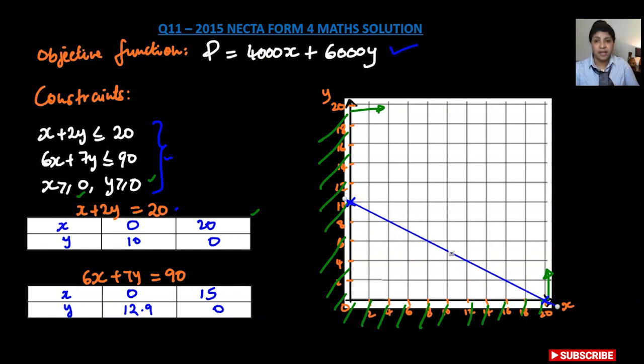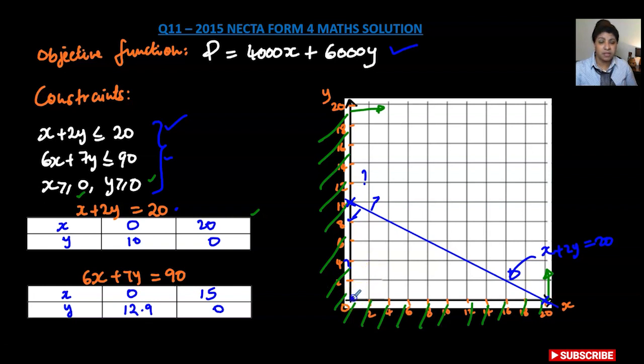Then we make sure we label it. So this line here is x plus 2y equals 20. But because our original function is an inequality, we need to decide which side of the line satisfies this condition. So is it this side or this side of the line? We can pick a point on this side and see if it works.